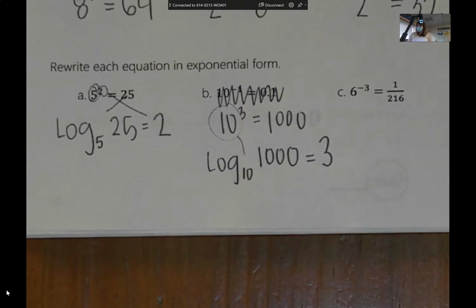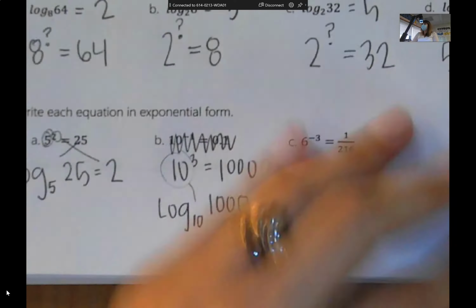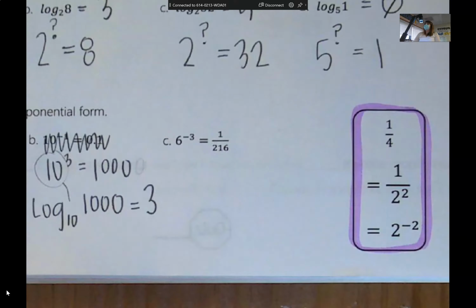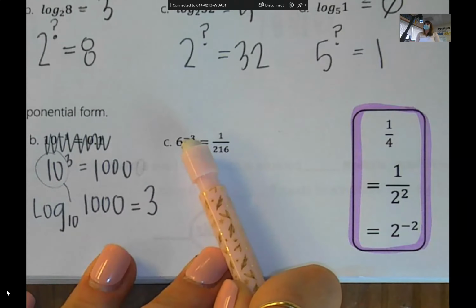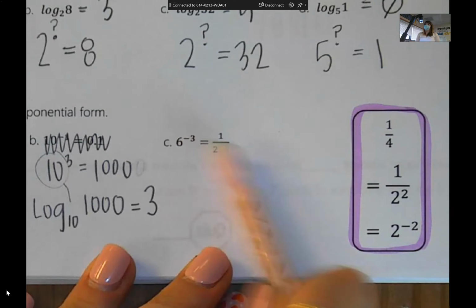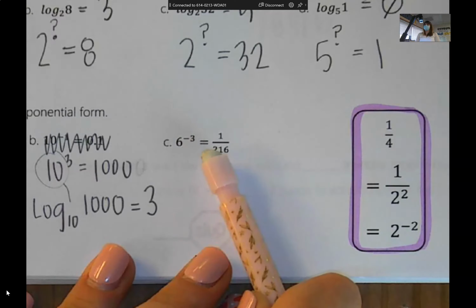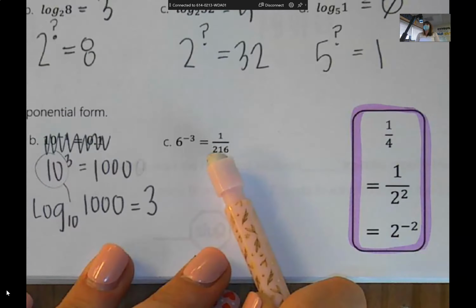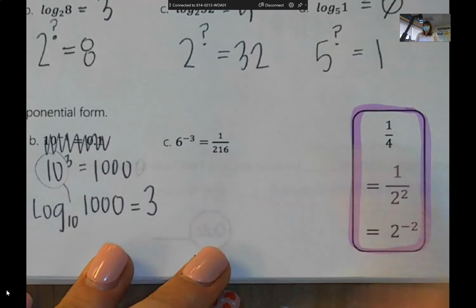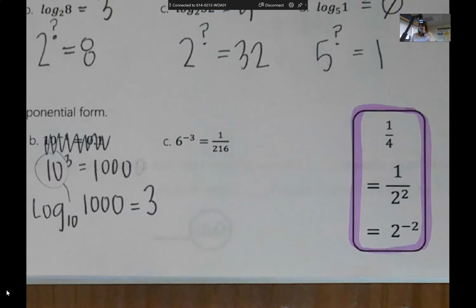And then on this last one, this little box to the side is just a reminder that when you have a negative exponent, it takes that number and puts it in the bottom. So 6 to the third is 216, but because it's negative, it pushes it to the denominator. That's what you're seeing here. It's the reverse of that.